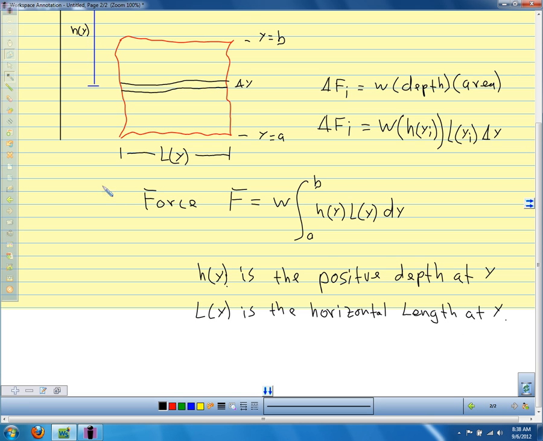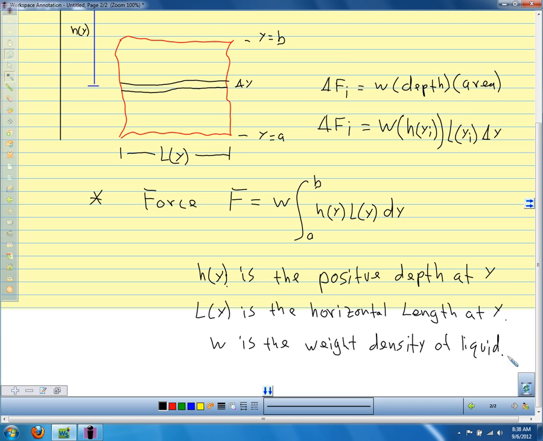So this is the force exerted by a liquid on a vertical surface submerged in the liquid. And we'll say W is the weight density of our liquid.